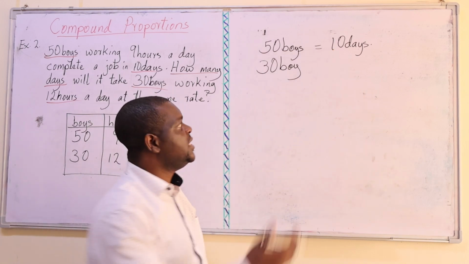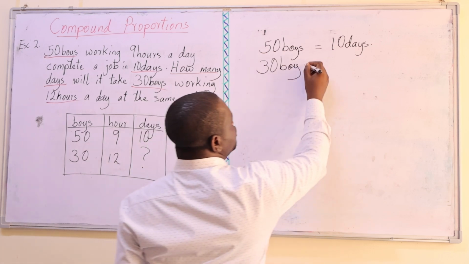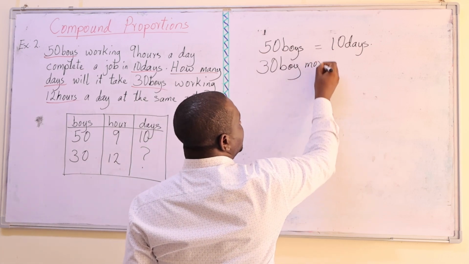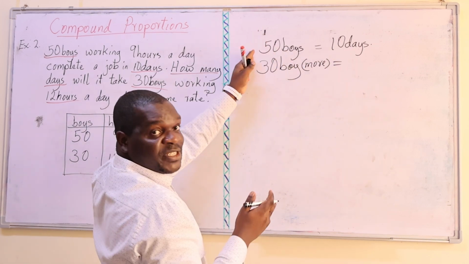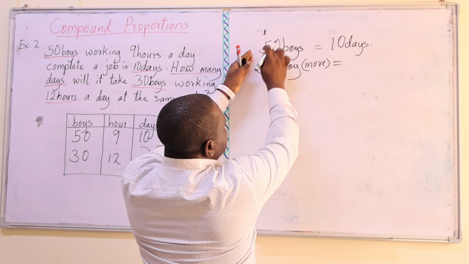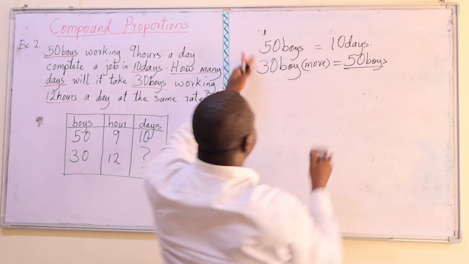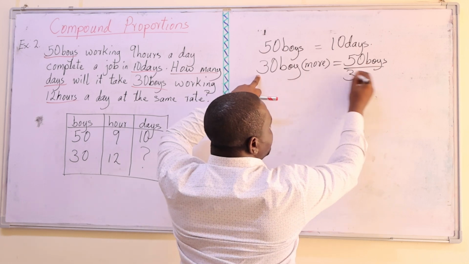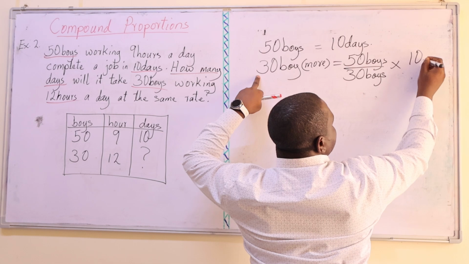It is obviously more because the number has reduced. There are less of you, so you will do the work in more days. You indicate here more, and when it's more, you come to your left column and you take the bigger number first, which is 50 boys, and divide by the smaller number, which is 30 boys. And you multiply this by 10 days.